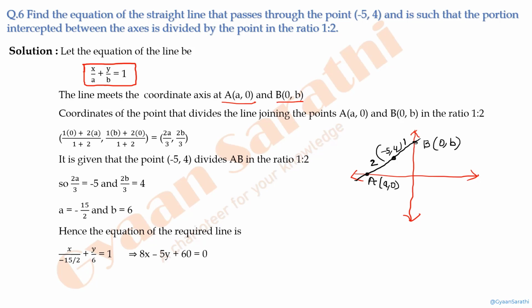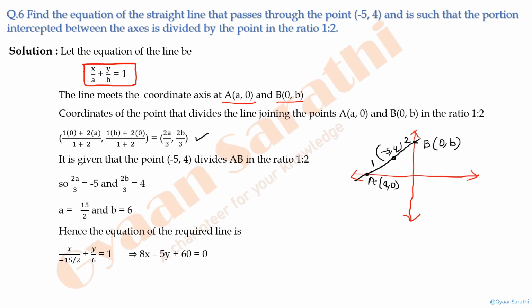Using the section formula, we have (1 into 0 plus 2 into a) by (1 plus 2) and (1 into b plus 2 into 0) by (1 plus 2), so that becomes 2a by 3 and 2b by 3.